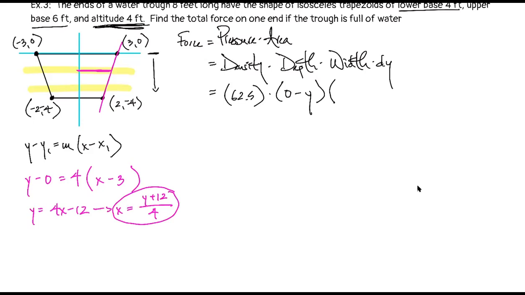So x equals (y plus 12) over 4 represents that horizontal pink line that we have there. If I want to have the whole width, though, I need to double that so that I get not just the right half of the trough, but also the left half of the trough.